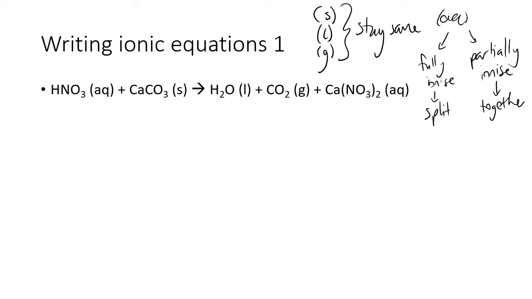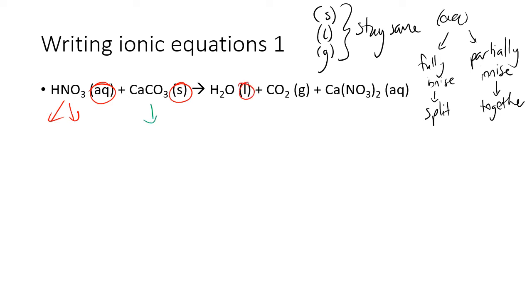So let's work out what to do with this particular equation to turn it into an ionic equation. First of all, we look at the first state, that's AQ. This is HNO3, which is nitric acid, a strong acid, which means it fully ionizes, which means it splits apart. So we have to split that one. The next one is solid, and we don't split solids apart, so we keep it as one thing.